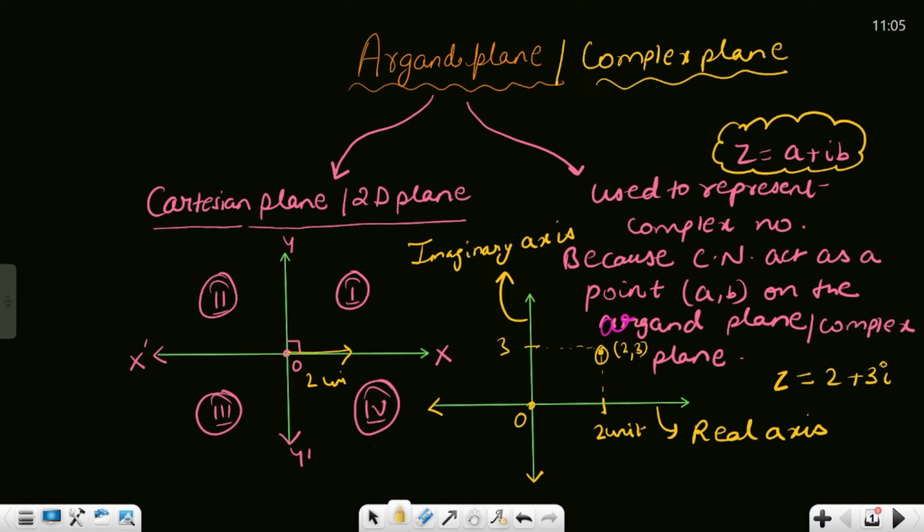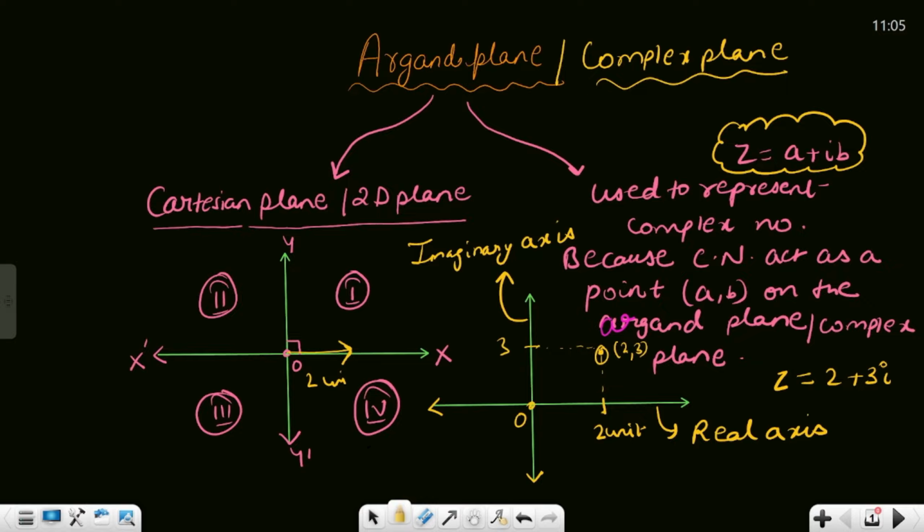As we also know, every real number is a complex number.